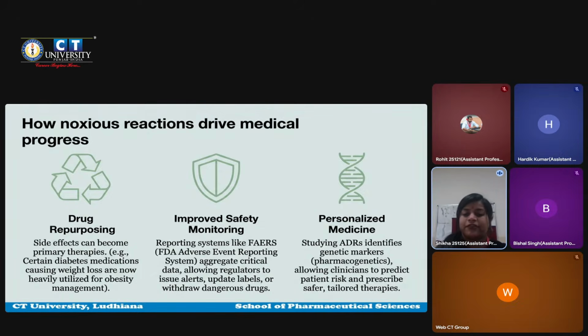So basically, if a group of people are getting any kind of ADR with a medication, that can be studied, and that particular community is at risk, so clinicians will predict that this medication should not be given to that community. So it is also helpful for personalized medicine.